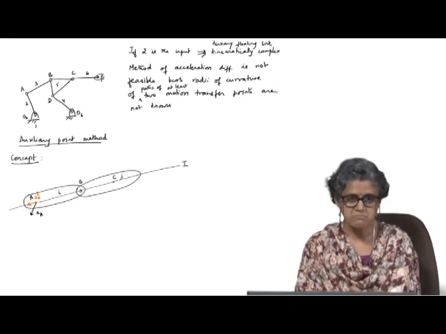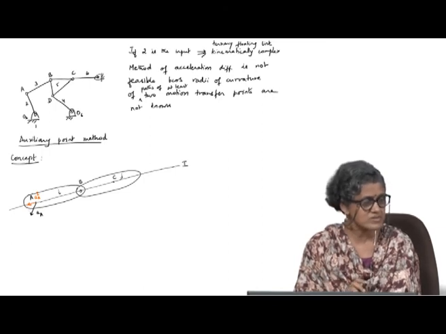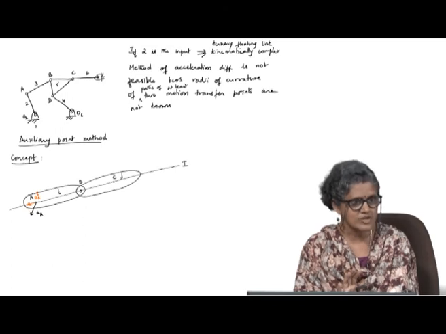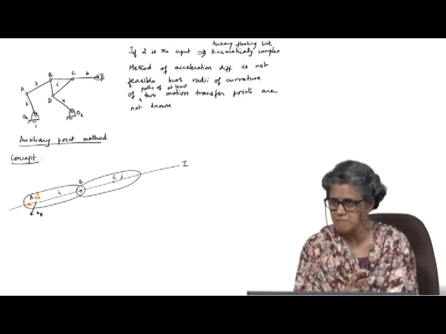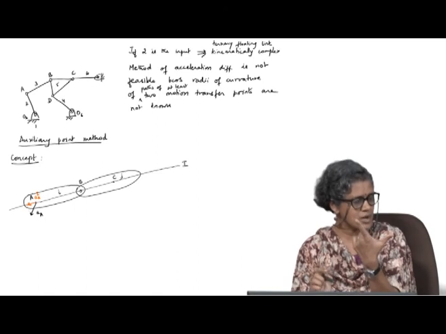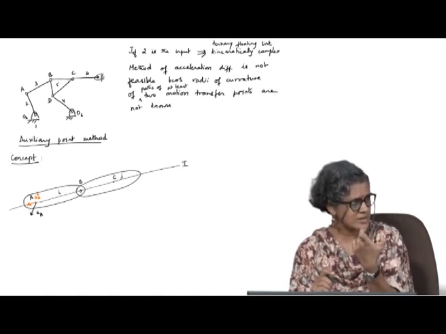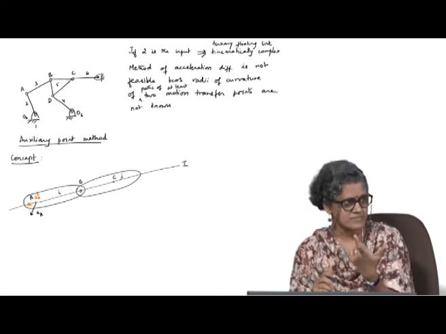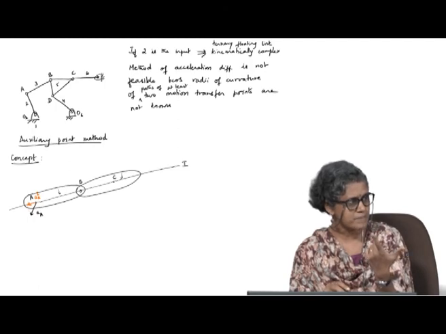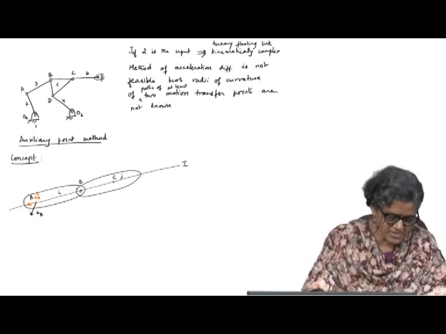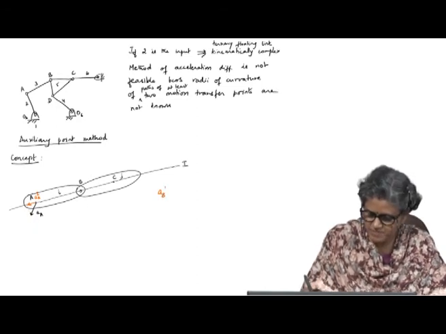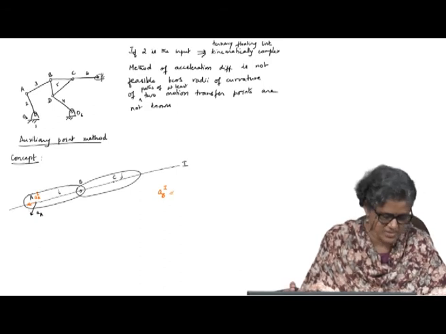Will it be the same as this? Velocity was easy to visualize. Velocity is going to be the same because the two points are on a rigid body and they can't move towards one another. In the case of acceleration, how is B moving with respect to A? I can write the acceleration of B along this.